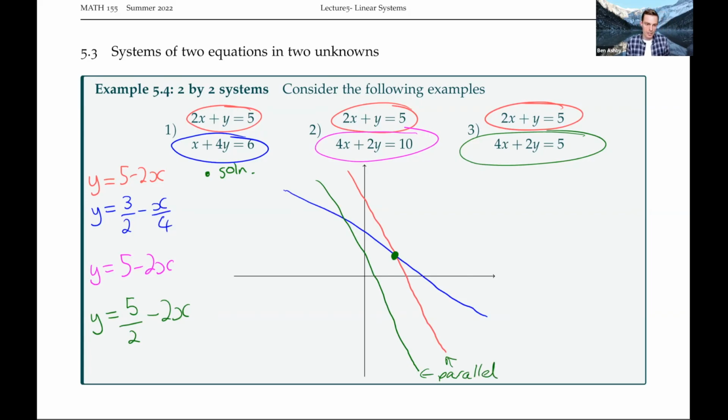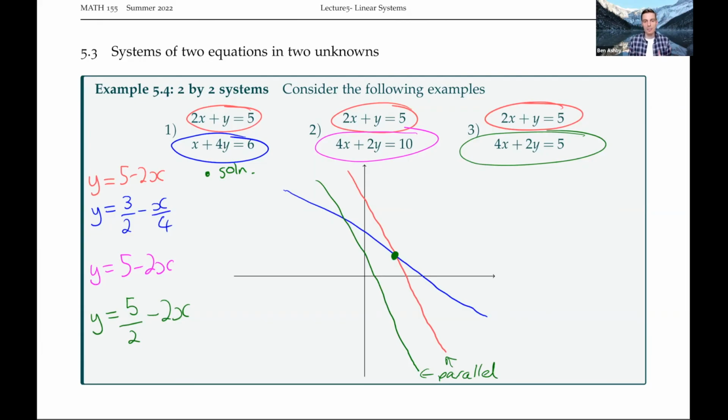So in this case, there's no intersection between those lines, and so there's no solution to this system of equations. They've got the same gradient but a different intercept, whereas in the previous example, they had the same gradient and the same intercept, so they were exactly the same line. Here, the line has been shifted. So there's no intersection, so there's no solution to this set of equations.